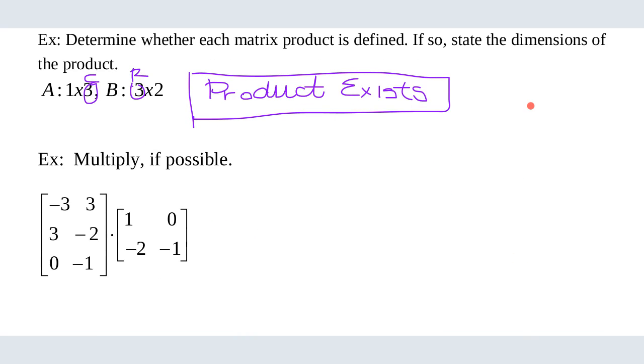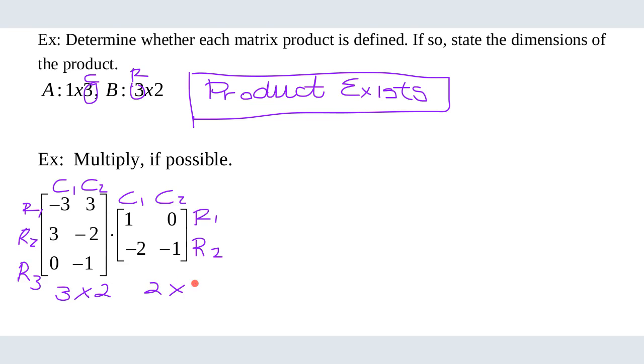Okay, so dimensions of this, row 1, row 2, row 3, column 1, column 2, row 1, row 2, column 1, column 2. So this is a 3 by 2, 2 by 2. It does match up.